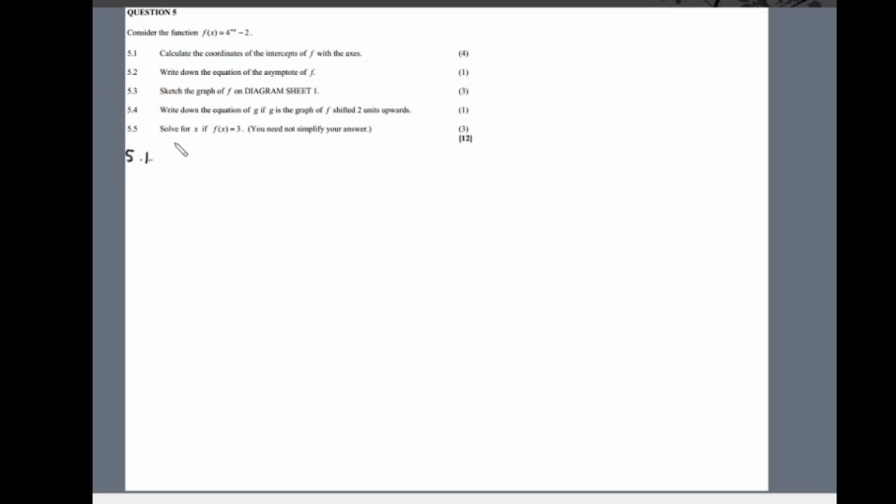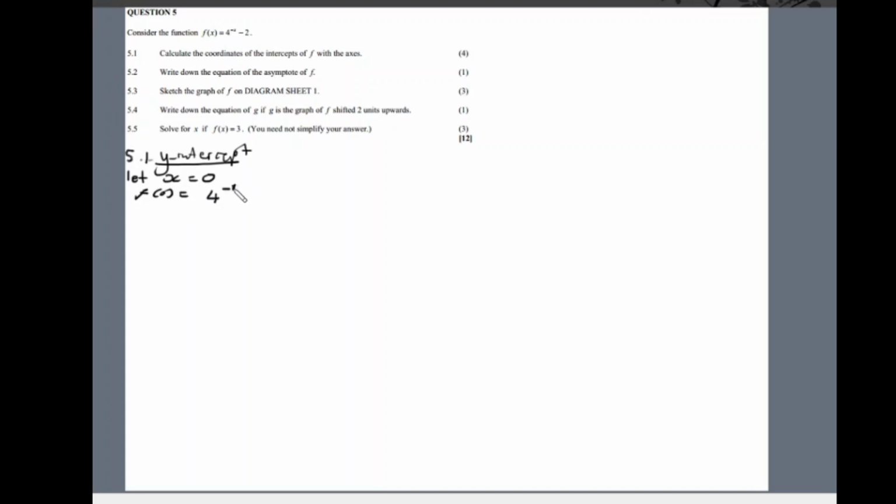We'll just start with the y-intercept, right? By now I'm sure we all know that if we want to calculate the y-intercept, we'll let x be 0, right? Meaning f of 0 is equals to, wherever we see x lapha ku function yethu, we'll put 0, 4 to the power minus 0, right?